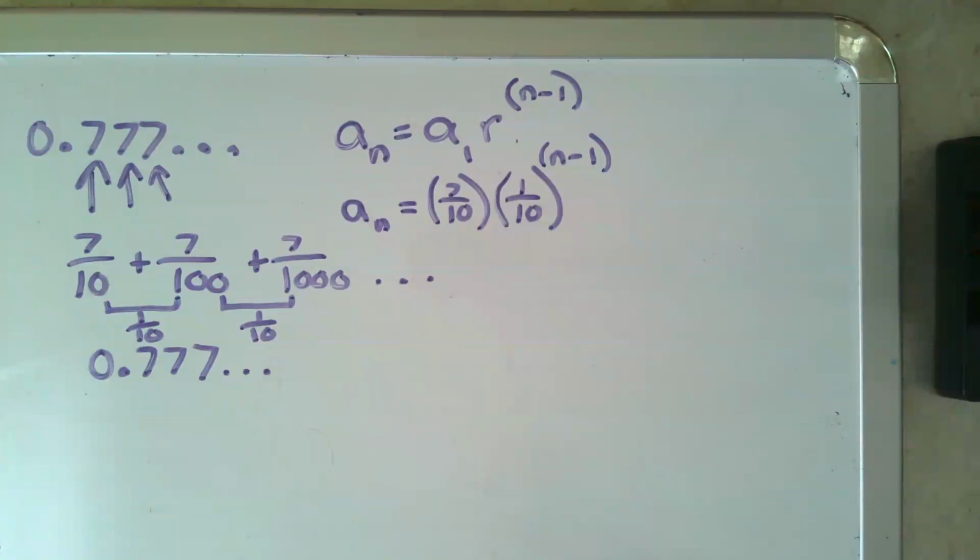So now let's put a second formula on the page, which is the sum of an infinite geometric series. So this is infinite because it's a repeating decimal. It goes on forever.